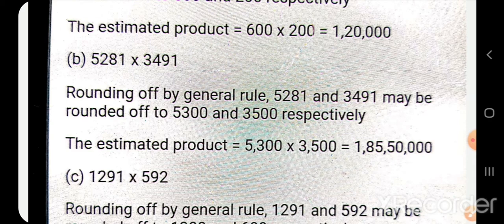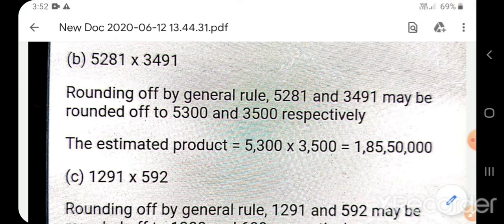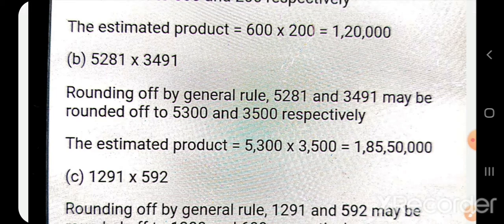So, rounding off by general rule, 5,281 and 3,491 may be rounded off to 5,300 and 3,500 respectively.